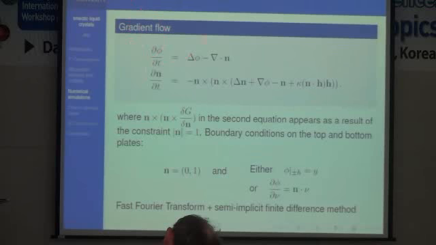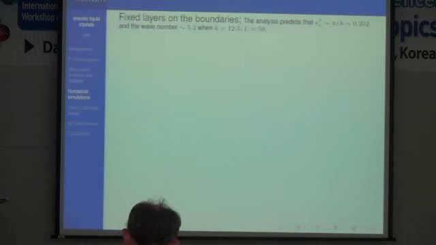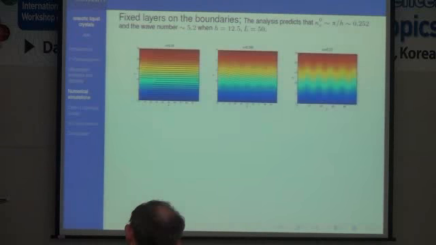Now I want to talk about the numerical simulations that we did. This appears because of the constraint on the unit director, and this is the same as having the Lagrange multiplier. We have the gradient flow of this Lagrange system, and we apply two different boundary conditions on the layers. In our analysis, we predicted the critical field has to be pi over h after the scaling.